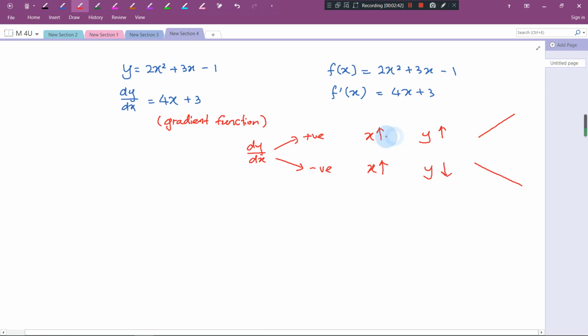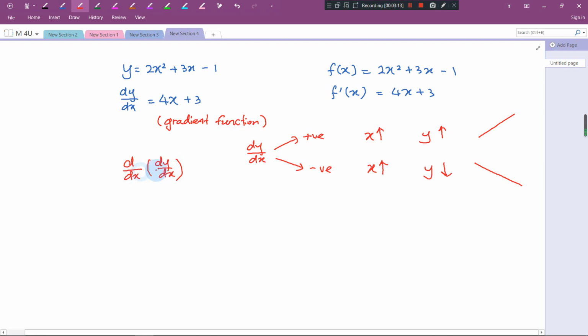Now, today we are going to talk about the second derivative. It means that we have to differentiate it again. If this is dy by dx, we differentiate again. We will write d of dy by dx. So now we are differentiating dy by dx with respect to x.